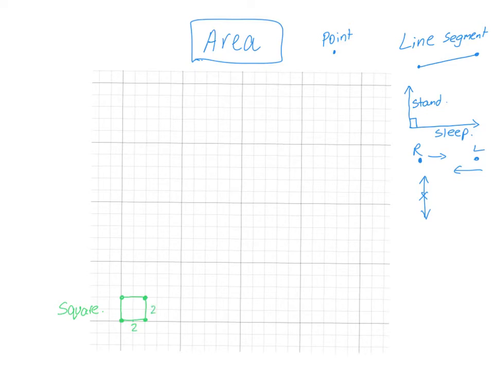But inside the shape, how many smaller squares or shapes do I have? 4, right? So if I move 2 in a certain direction, and then 2 in a different direction, and form the square and come back to our original point, I end up getting an area of 4 inside.